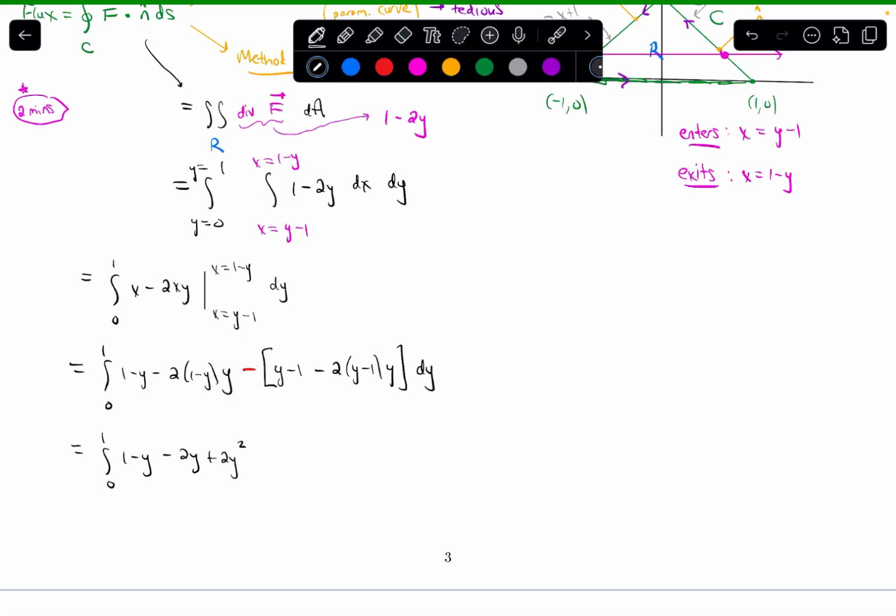That's going to give me minus y plus 1. With this next portion, I'll distribute the negative 2 and the y into the y and the minus 1. And then I also got to distribute this other negative in. So if I do that, I'll get 2y squared with a plus, and then I'll get 2y with the minus. All right, and then I still got dy out there.